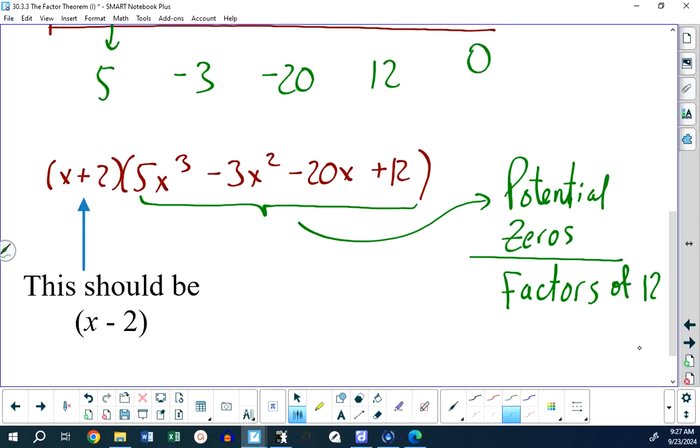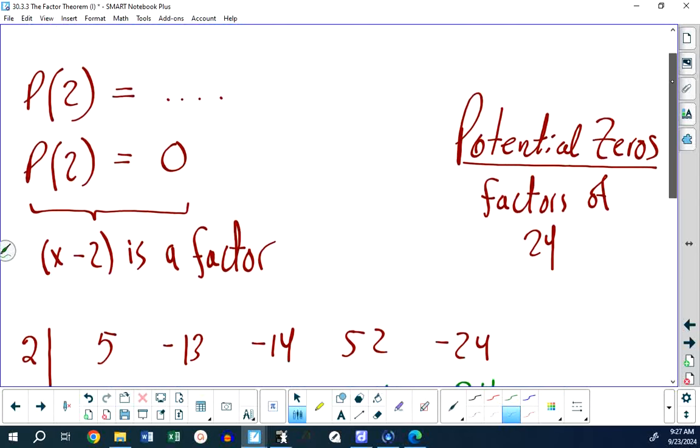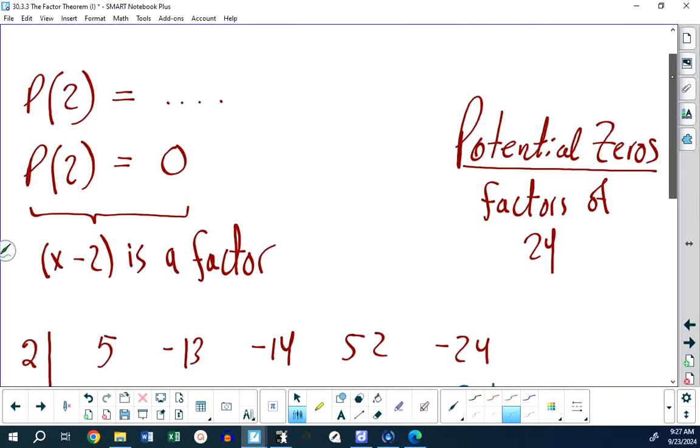We're no longer talking about factors of 24. And because you could have the same 0 that appears twice, like maybe 2 is still a 0 of this other thing. There could be what we call multiplicities, where you have the same factor occurring more than once. You do not necessarily want to just go back up and look at the same polynomial.